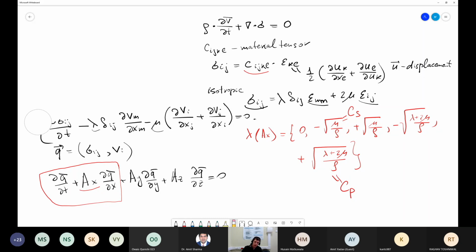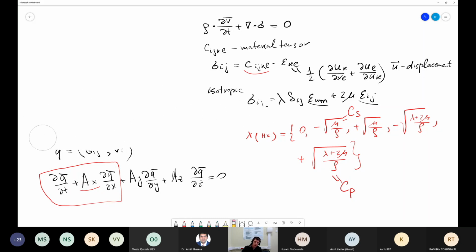We can describe this model by vertical transverse isotropic medium, VTI. And I will put here the formula for VTI media.